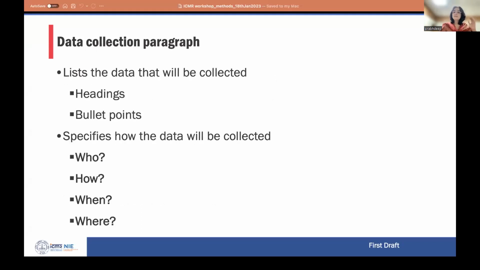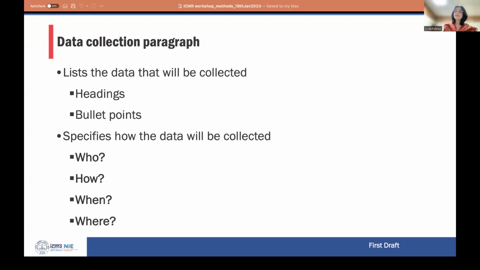Now, once you have done this, these are really important sections, and then comes what data you are collecting. And this section should have what data you are collecting, from whom you are collecting the data, and how you are collecting. Your data collection could include a questionnaire. It could include measurements, like anthropometry or lab investigations. And then how will you collect? Where?